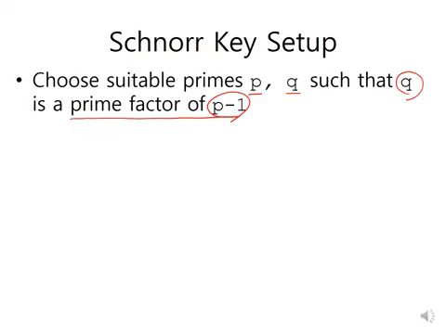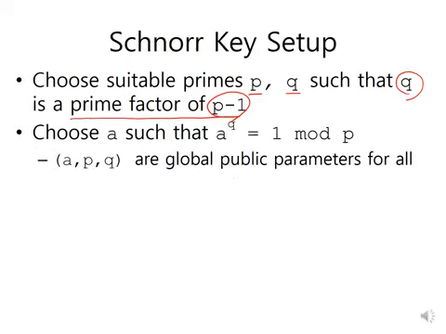So this is one condition. And then we need to choose a such that a to the q is equal to 1 mod p. Then a, p, q are all global public parameters. And this information is shared by every entity in the system.